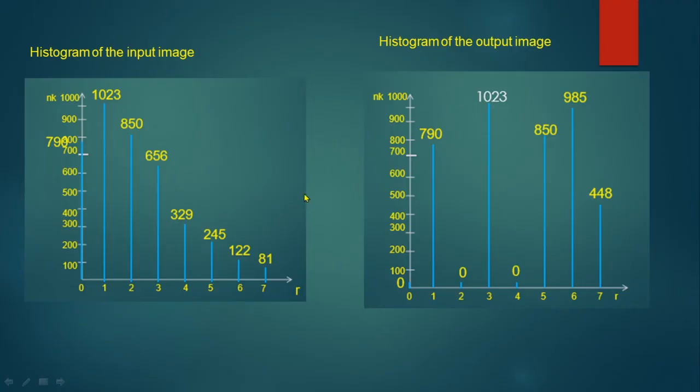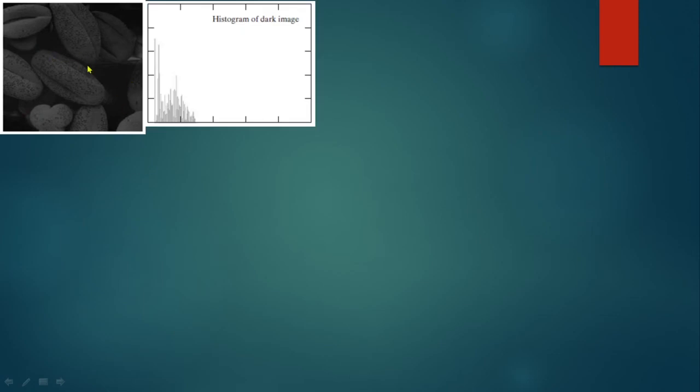If we observe some more examples, for example, observe this image. This is a dark image. Almost all pixels have low intensity levels, low gray levels. So if you observe the histogram, almost all pixels are occupying these low intensity levels.